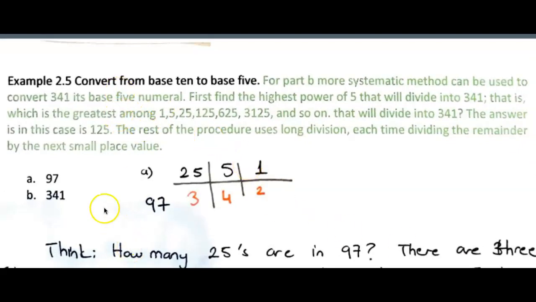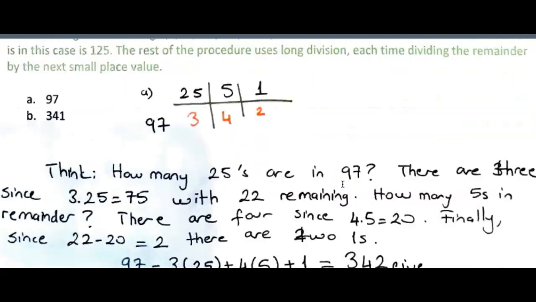When we look at it here right now, I am going to write 97 in base 5. 97 is my base 10 number. I'm going to ask, how many 25s are in 97? I know it's 3, because 3 times 25 is 75. Then how much remainder do I have? I have 22 remaining units, right?